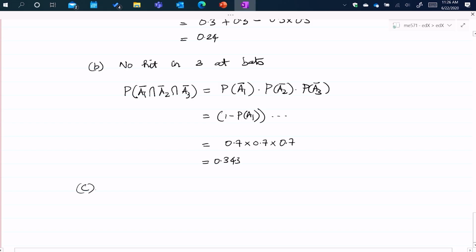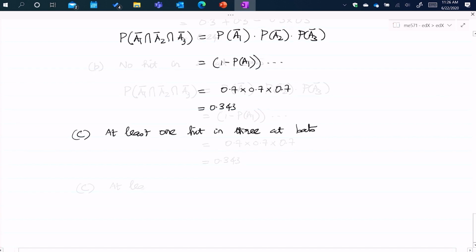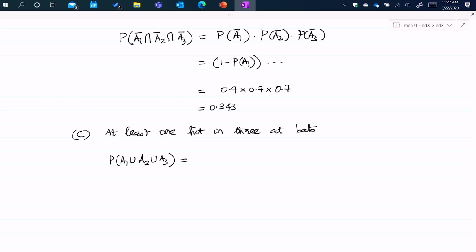And the last part is the probability that the player gets at least 1 hit in 3 at-bats. What we seek here is the probability that the player would hit in either the first at-bat, or the second at-bat, or the third at-bat, the union. You can do this using the addition formula, or simply by using De Morgan's rule.